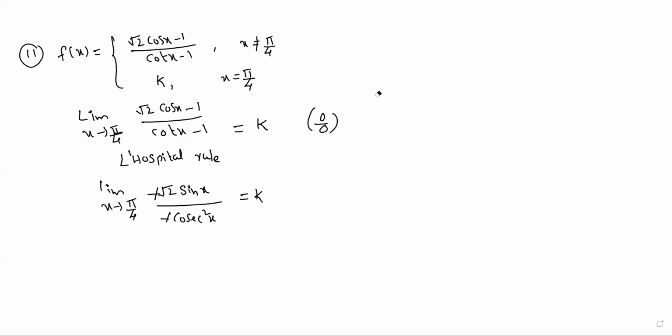After applying L'Hospital rule, substitute x value pi by 4, what is left here? Root 2 sin pi by 4, 1 by root 2, divided by cosecant 45 which is root 2 whole square, is equal to k. Here root 2 gets cancelled, square root gets cancelled. Finally, how much k value will you get? 1 by 2 is the answer. That is option B, the correct one.